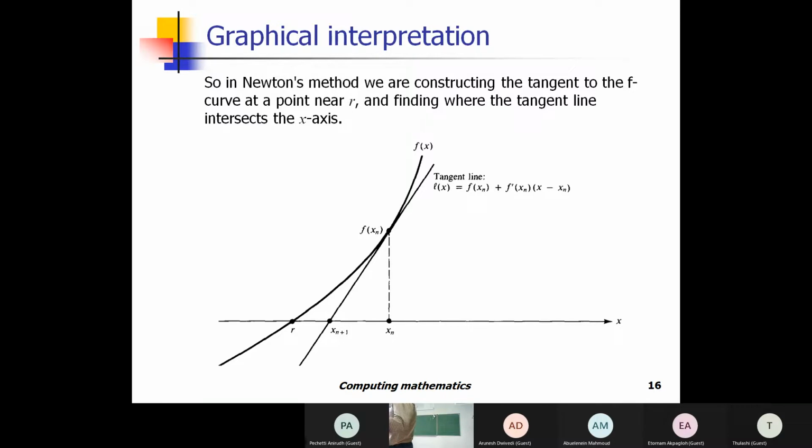What is the next step? How to compute the next point, xn plus 2? We should repeat this process again. I compute f of xn plus 1, I compute the derivative f prime of xn plus 1, and I draw a tangent line.